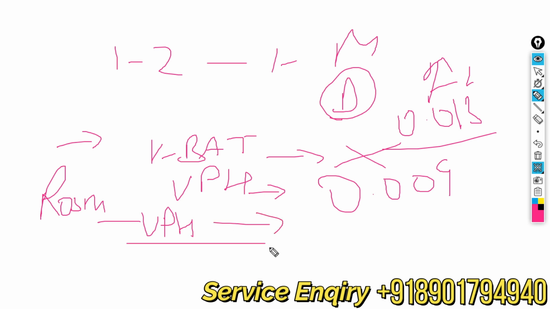So when you inject, let's say 4 volt or 5 amp, on VPH, there is less chance you will find the short, because at this consumption or less consumption, there is a minor chance any component or any IC will heat, right?